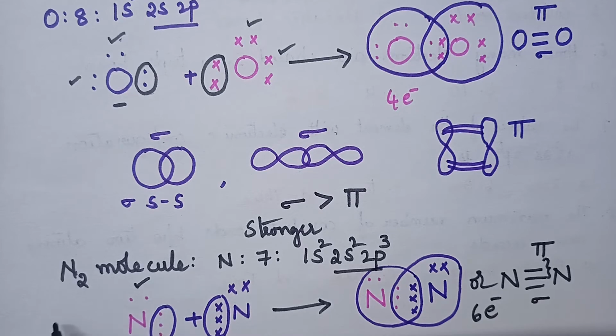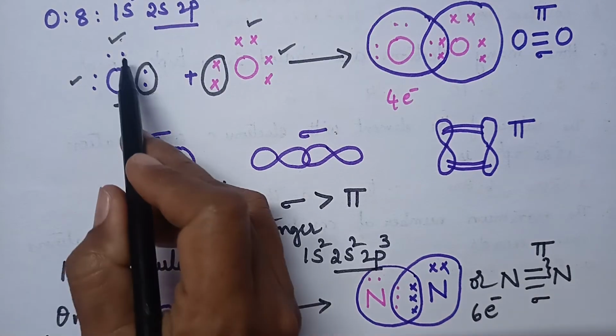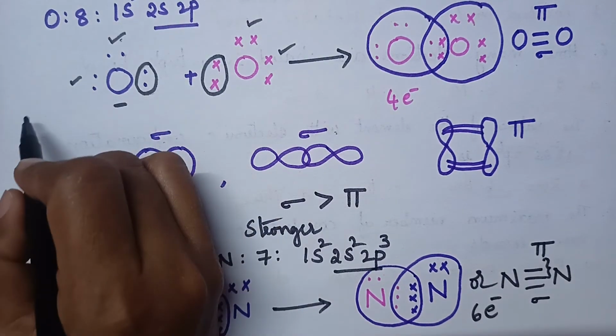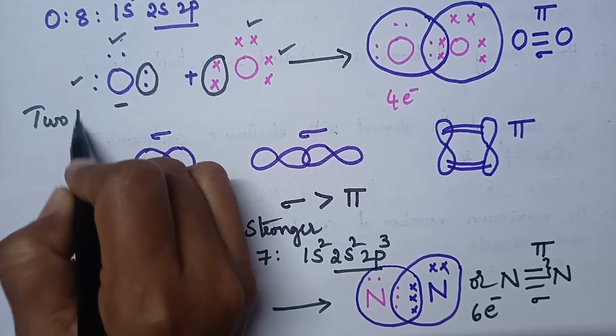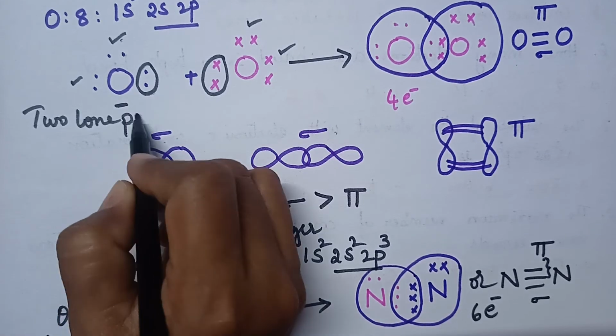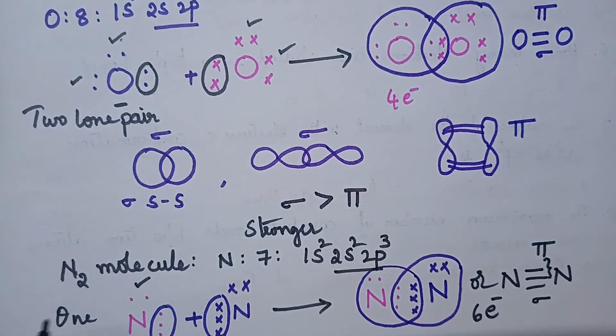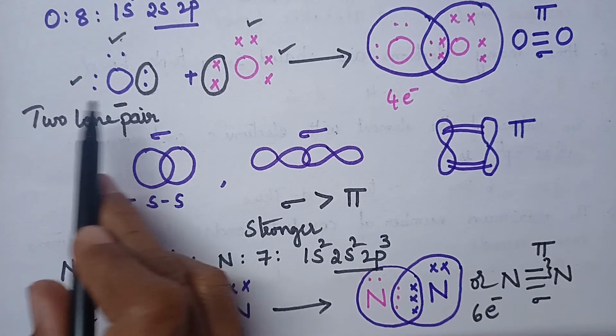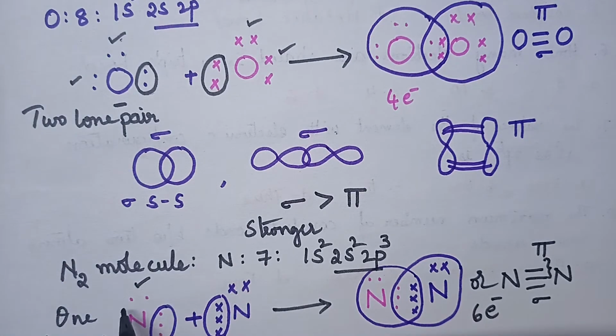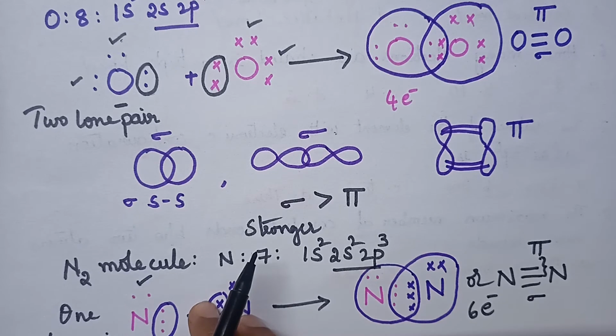It consists of only one lone pair of electrons. Whereas, moving to the oxygen atom, it contains two lone pairs of electrons. So, how many lone pairs are present in the oxygen atom? 2. In the case of nitrogen, one lone pair of electrons will be present.